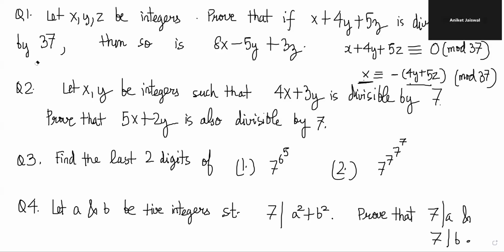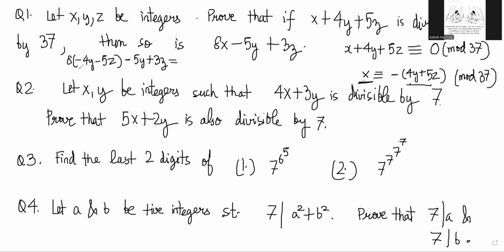So I will replace x with the congruent thing. Instead of x, I will put minus 4y minus 5z. 8 into minus 4y minus 5z minus 5y plus 3z. You are getting that is equal to minus 32y minus 5y, so minus 37y, and minus 40z plus 3z, so minus 37z. That is minus 37 times y plus z, right?